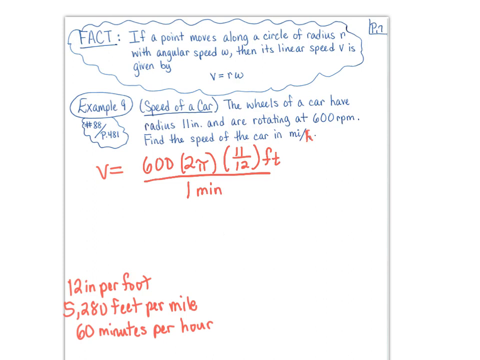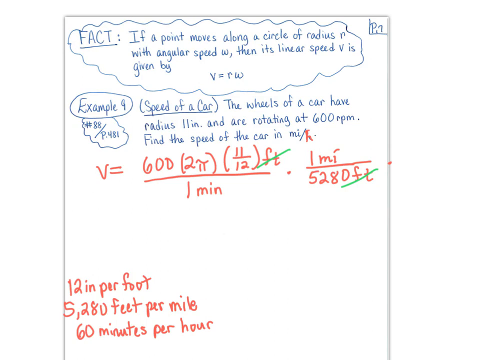Then we multiply by 1 mile is 5,280 feet, which allows the feet to cancel.